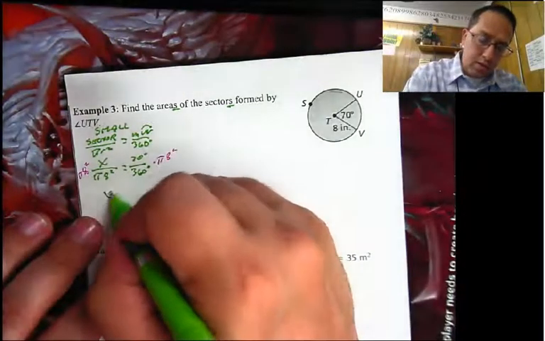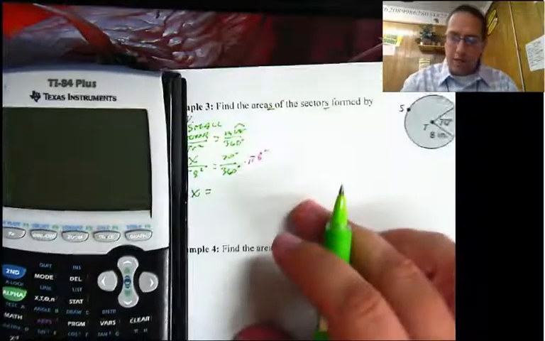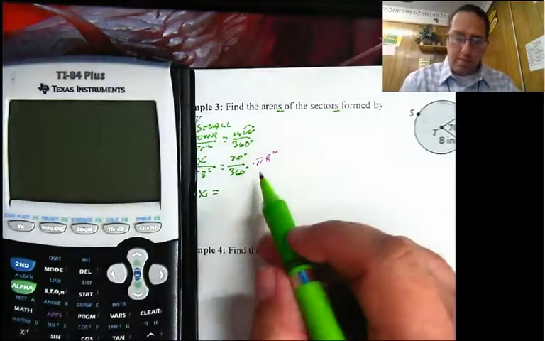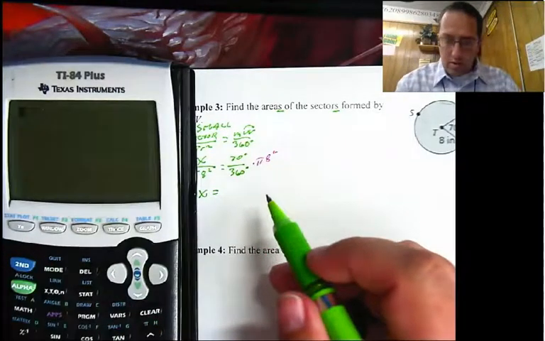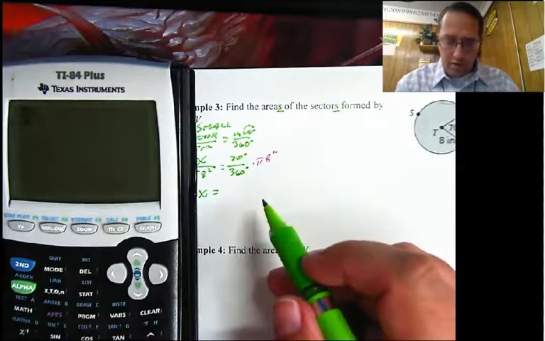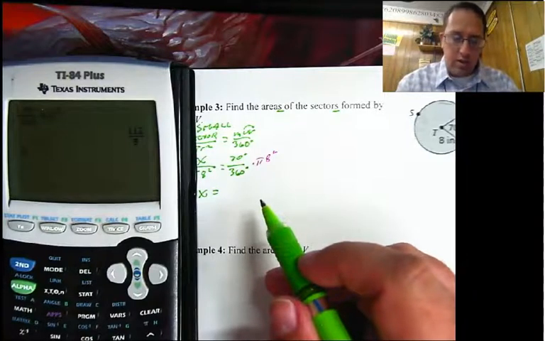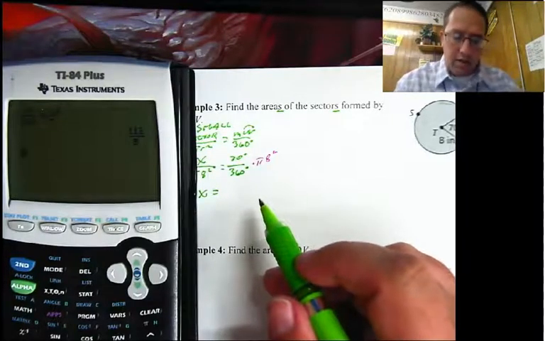And so let's see what we get. x equals, taking my calculator again, I'm going to leave the pi for the end, so everything except the pi: 70 degrees over 360 degrees times 8 squared, which is a lovely fraction.